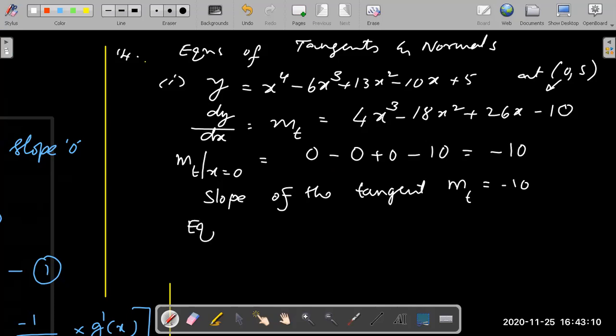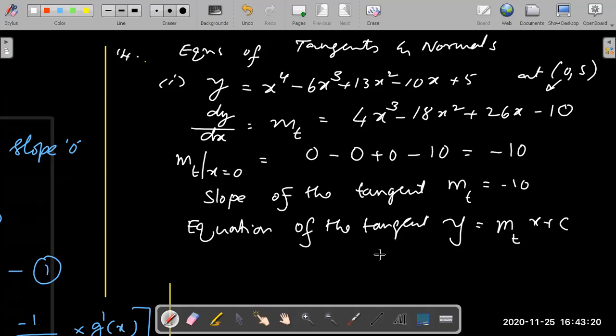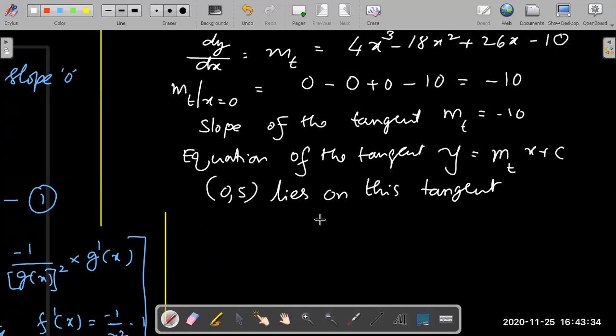The equation of the tangent is y equal to mt x plus c. Since (0, 5) lies on this tangent, I need to substitute these values to get the value of c.